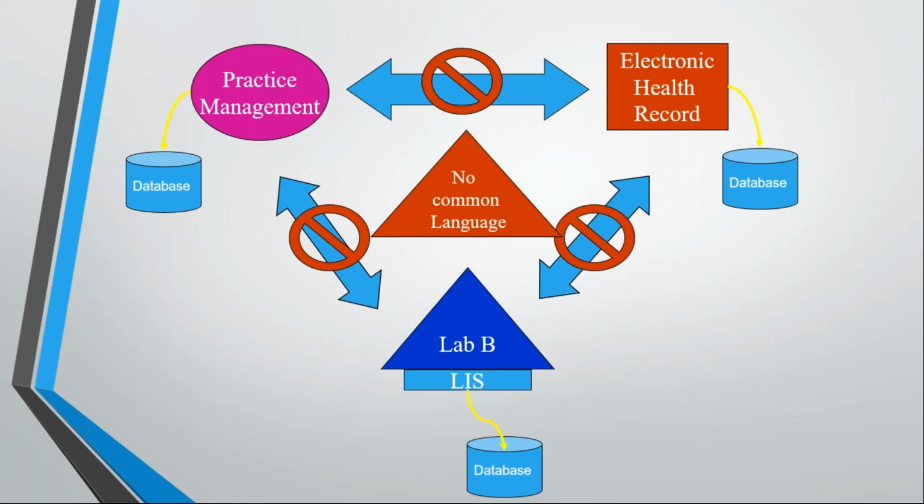Let us say we have three people from three different countries: one guy from America, one from India, and another from China. If these three people have to communicate with each other, they have to learn the language of the other person, obviously. For example, if the US guy wants to talk with the Indian guy, either the US guy has to learn Hindi or the Indian guy has to learn English.